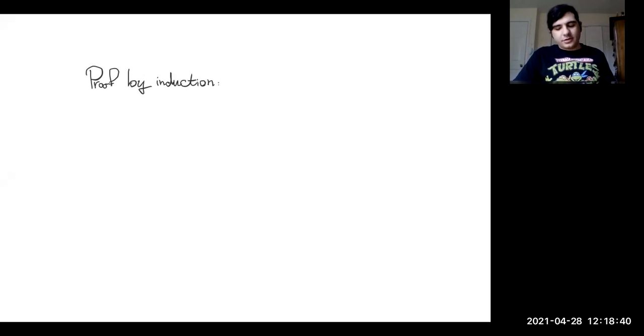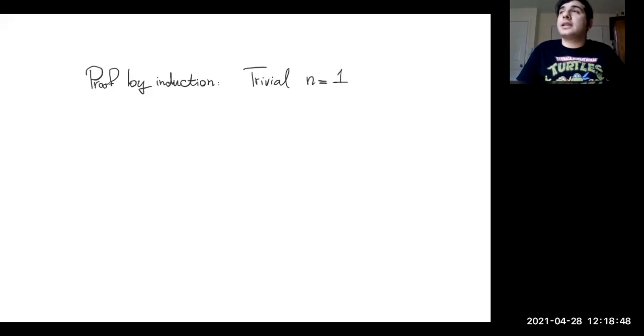Well, this is trivial for the case n equals 1, because any 1 by 1 matrix is symmetric and any 1 by 1 matrix is diagonal by itself. There is nothing to prove there.